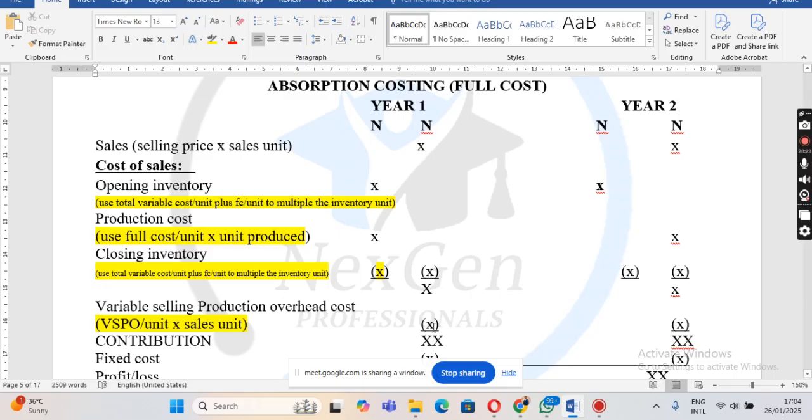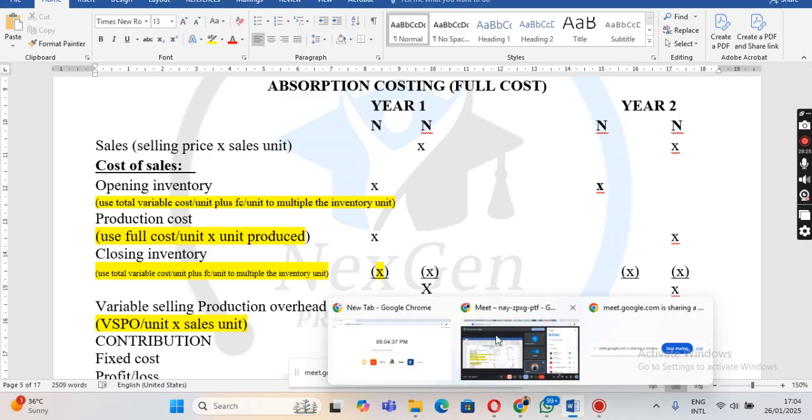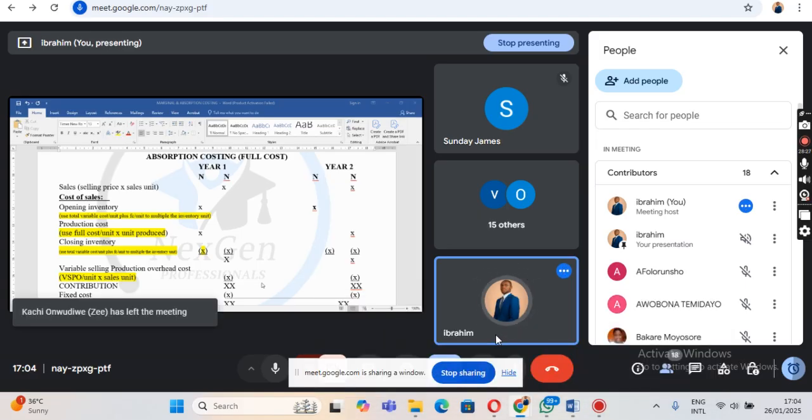When you less closing inventory in your P&L account, in your profit and loss account, what do you have, class? When you add your opening inventory, you add your purchases, you less your closing inventory, what will you have?